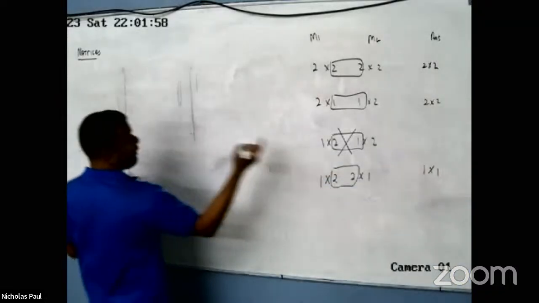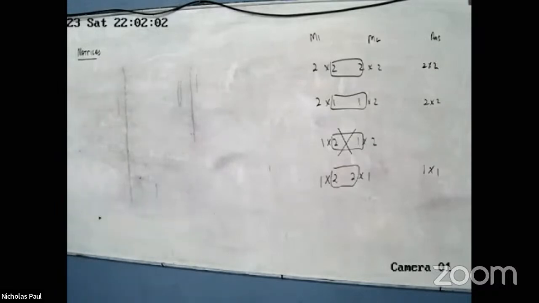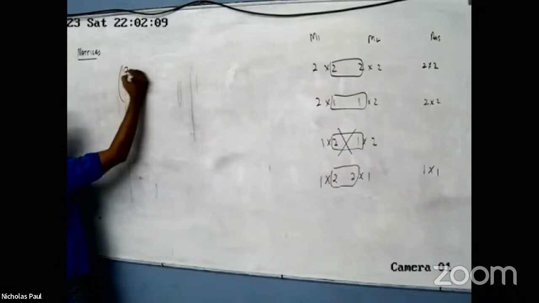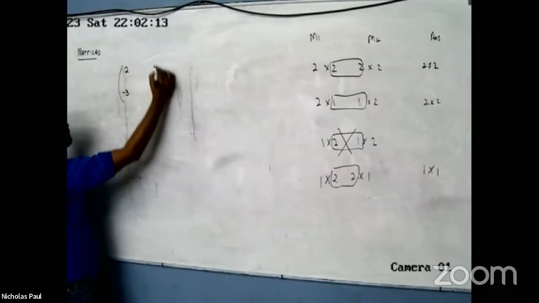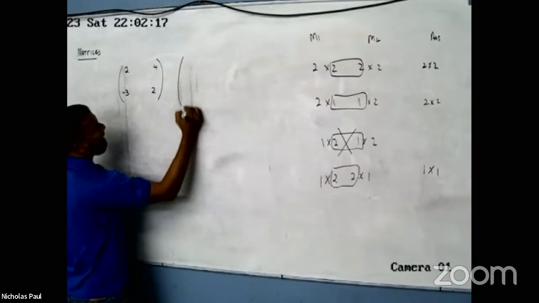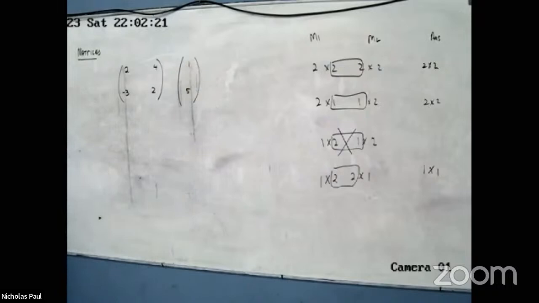So let's try this one here. First thing you'll do is simplify, multiply it, and then tell me what the answer is supposed to look like. Let us do one like this. Look at the matrices. Tell me if these matrices are conformable.